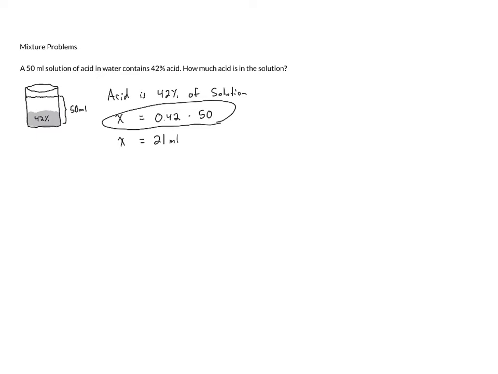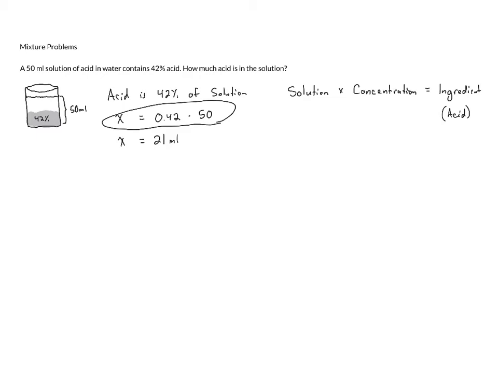So specifically, the solution times the concentration gives us the amount of the ingredient. In this case, the ingredient was acid, but in other cases, the ingredient might be something else. It might be chocolate, it might be oil, it might be something else.